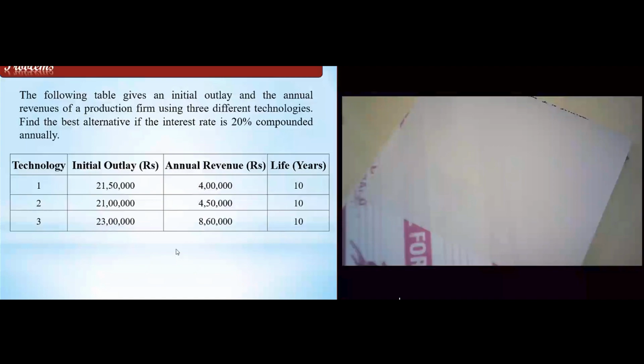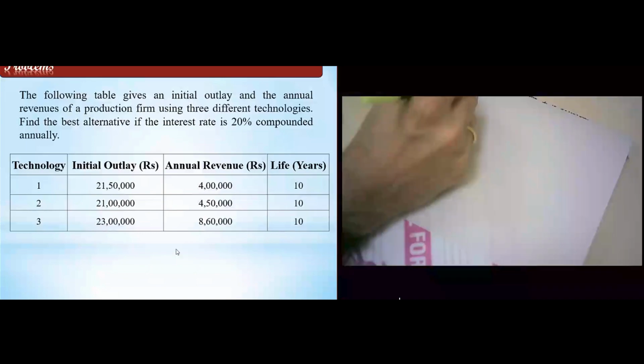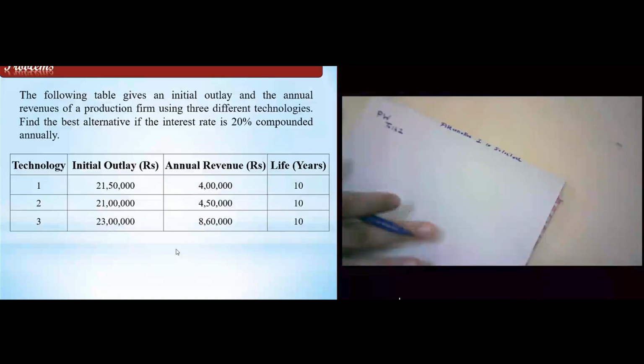So what is the present worth for technology one? Has anyone calculated it?